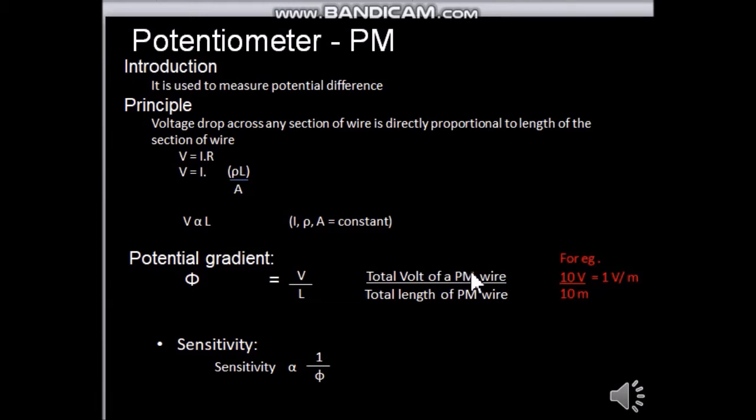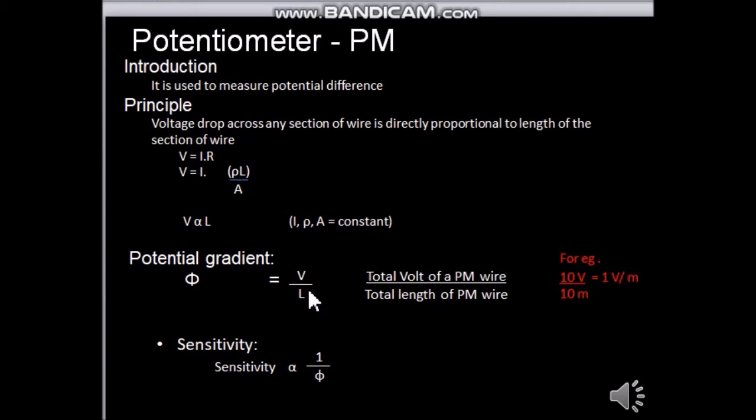Suppose that battery is of 10 volt, which is connected across the whole potentiometer wire, and total length of potentiometer wire is 10 meter. So what is the potential gradient obtained? 10 volt by 10 meter, that means 1 volt per meter. So potential gradient is actually voltage drop per unit length of this wire.